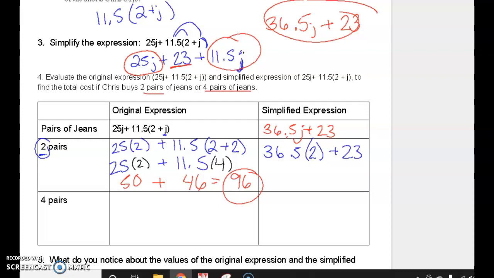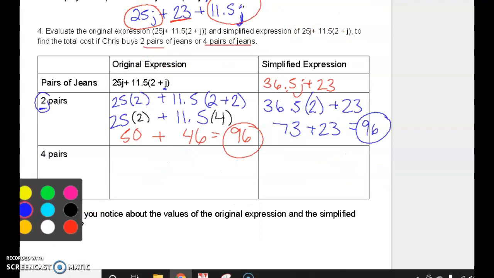So I'm going to come to my calculator. 36.5 times 2 gives me 73. Let me write this down. 73. I'm going to bring down my plus 23. And 73 plus 23 is 96. Interesting.